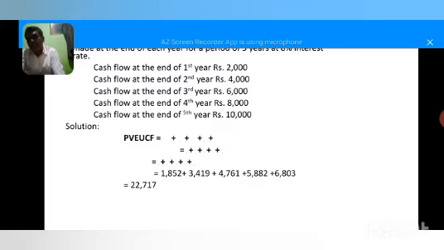Now the series of amounts given is first year 2000, second year 4000, third year 6000, fourth year 8000, fifth year 10,000.